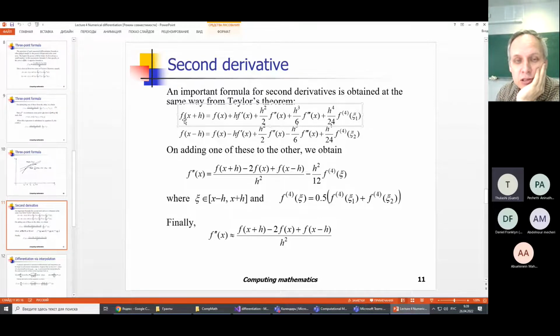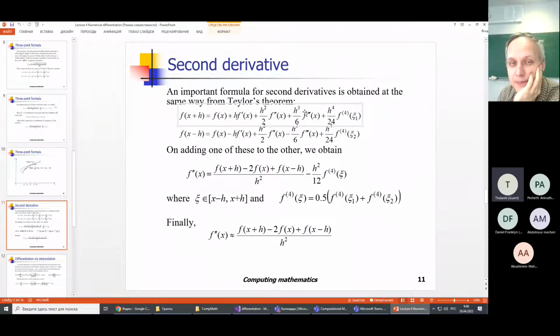The first case, the formula is written for f of x plus h. f of x plus h equals f of x plus h f prime of x plus h squared over 2 times the second derivative, plus h cubed over 6 times the third derivative, plus the error term, the fourth derivative, h to the power 4 over 24 at some inner point c1.